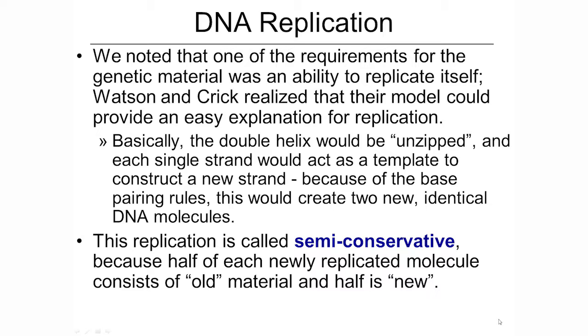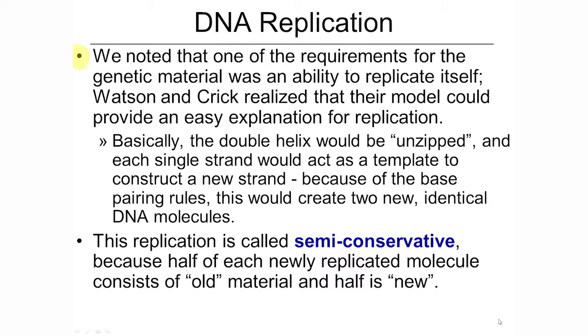Now, there's a lot on this slide, but I wanted to connect it with Watson and Crick's model of DNA structure. And remember, structure and function are always so intertwined, and really you can't take them apart. So we had noted that one of the requirements for the genetic material was that it had to be able to replicate itself in the sense that we've said.